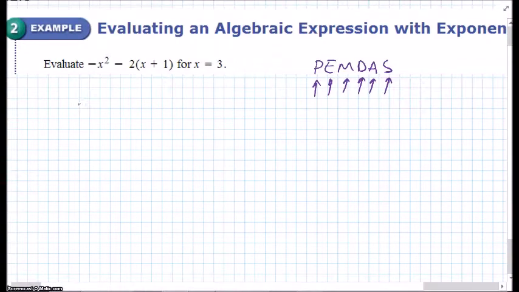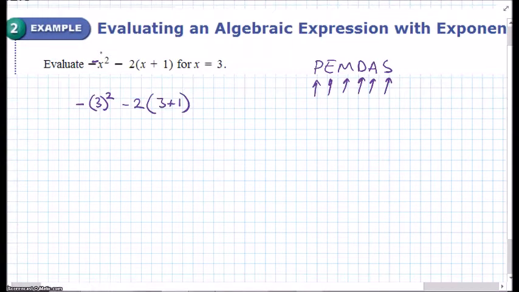Our x is 3, so it'd be negative 3 in parentheses squared minus 2, 3 plus 1 in parentheses. The reason the negative is outside the parentheses is because there's no parentheses around the negative sign up there.